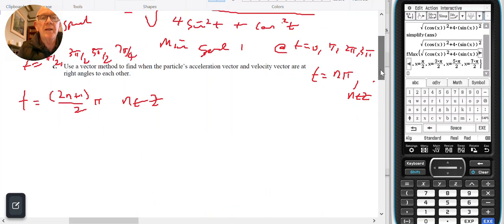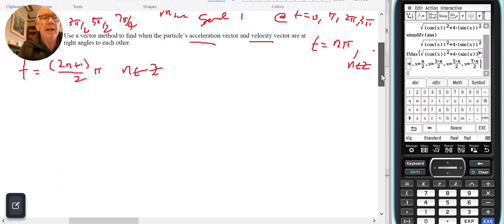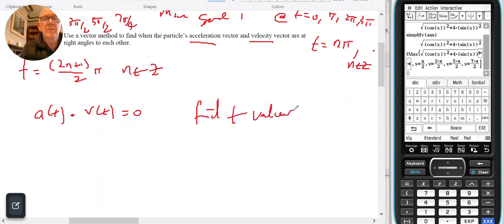Now I've got to find when the acceleration and the velocity are at right angles. So I want a(t) dot v(t) to equal 0 and find the t values.